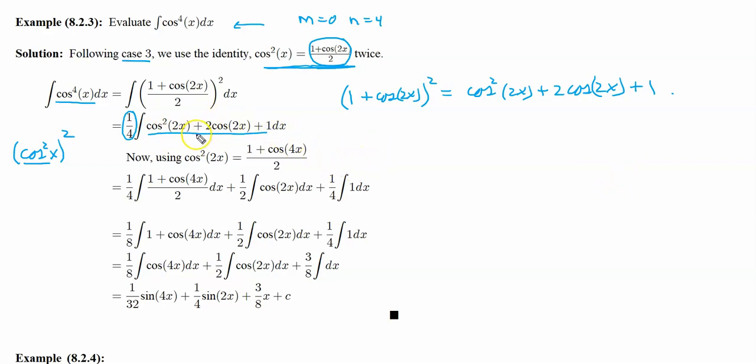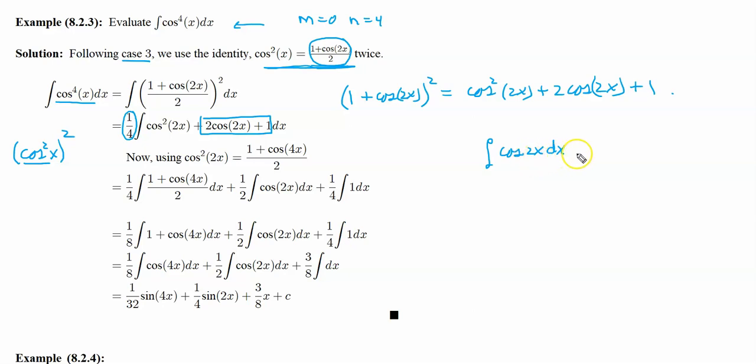Now, if you look at this part right here, no problem. We can integrate this piece. We don't have any powers of cosine, we just have a cosine. This would require a little substitution. If you want to find the antiderivative of cosine 2x, you do have to do a little substitution.